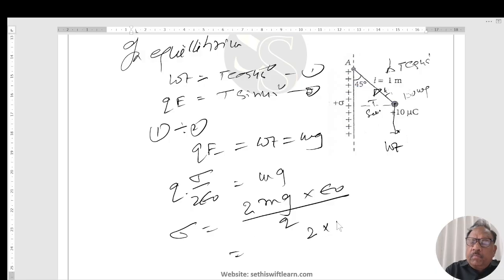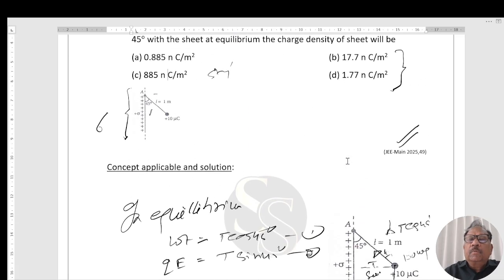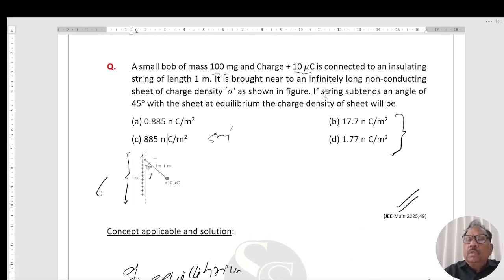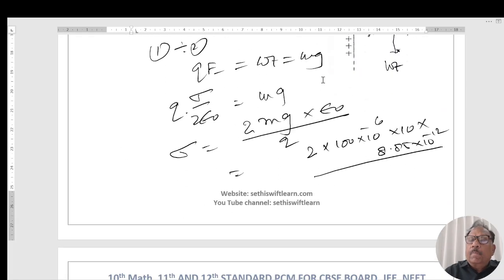Substituting the values, 100 into 10 to the power minus 6, G 10, 8.85 into 10 to the power minus 12 upon Q. Q is how much? Q is 10 microcoulomb, 10 into 10 to the power minus 6. This goes, this goes.